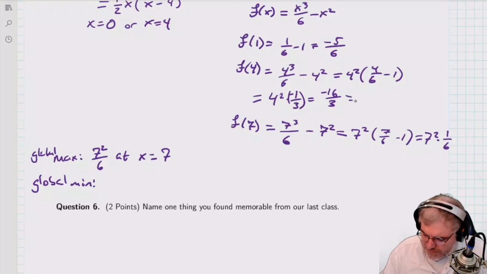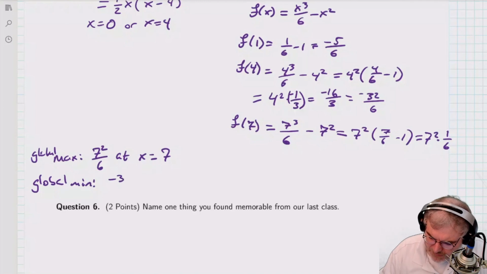Negative 16 over 3 is negative, hello brain, 32 over 6. So this one here is smaller than that one. Right, I multiplied that by 2. Yes, yes. Global min is negative 16 over 3 at x equals 4.